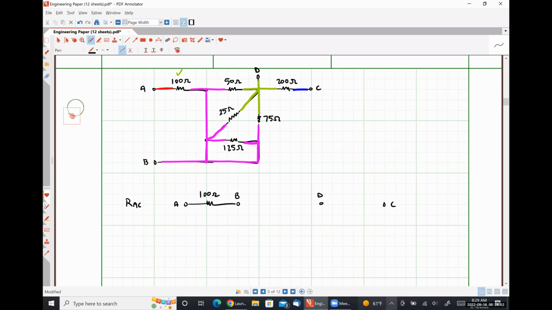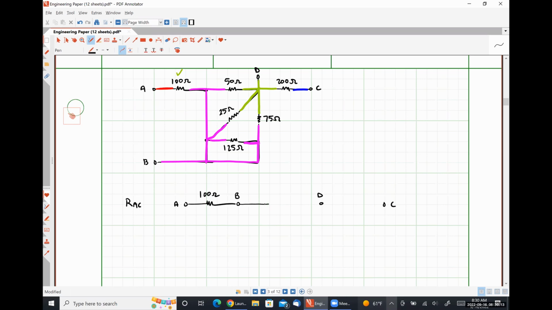I can go from B to D through the 25 ohm resistor. I can go from B to D through the 75 ohm resistor. You're exactly correct. When there are multiple paths to go from one node to the next, all of those paths are in parallel. You're absolutely correct.